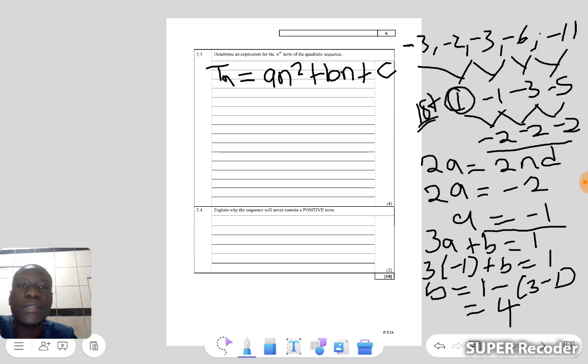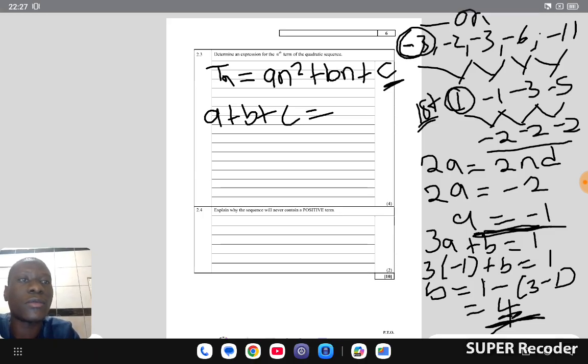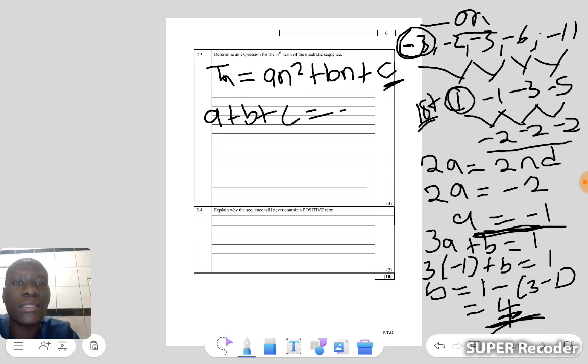We found our b. The only thing left for us to find in this problem is the value of c. If we have found the value of a, which is negative 1, and the value of b, which is positive 4, it will be very easy for us to find c. To find the value of c, we use this formula: a plus b plus c equals the first term of the original sequence, which is negative 3.